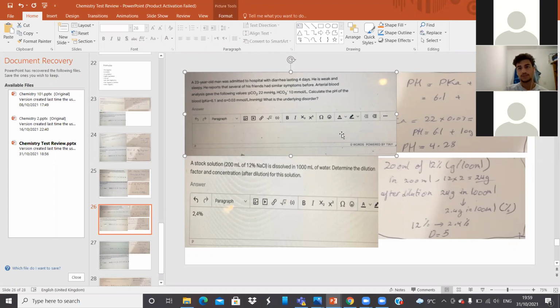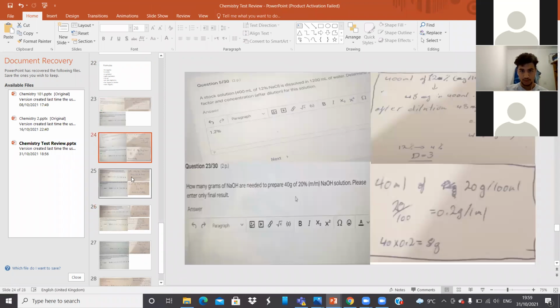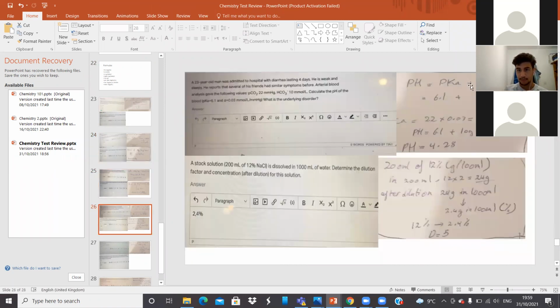Okay, so we're gonna use this equation, which is here. By the way, this is plus because I flipped the acid and the base.